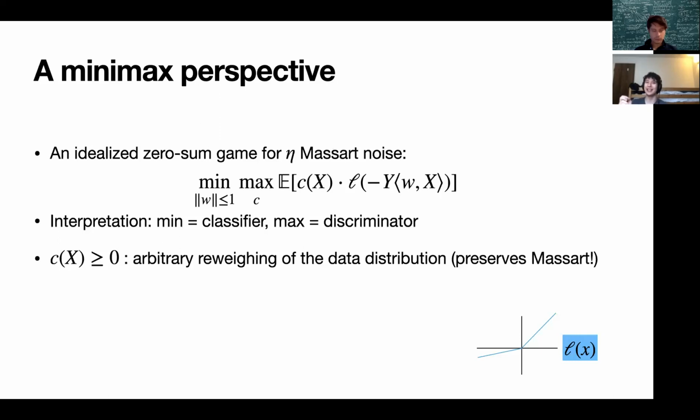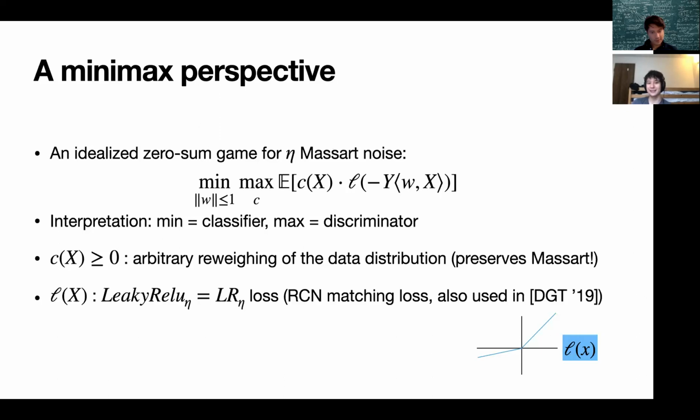For agnostic, if I reweight the distribution, I might totally kill the accuracy of the optimal classifier. But we always stay Massart if we do this kind of reweighting. What's L? It's pretty much the same loss from before. Before there was a little thing about smoothing.